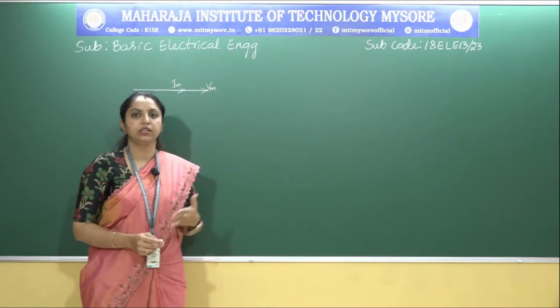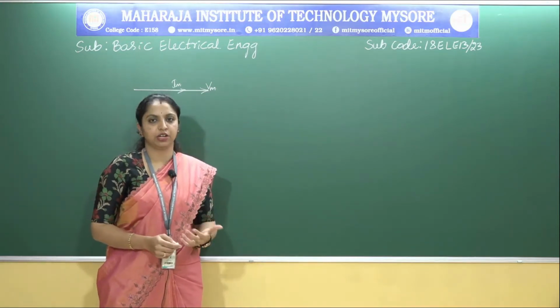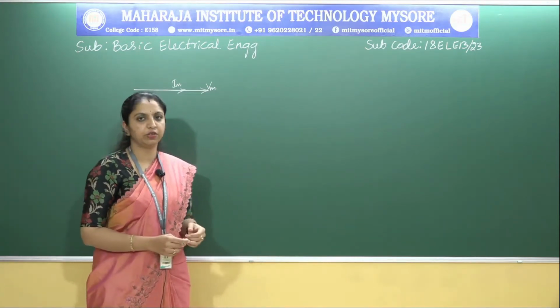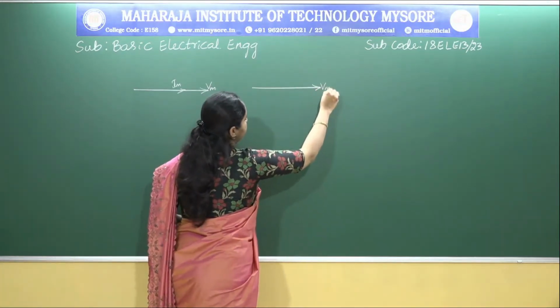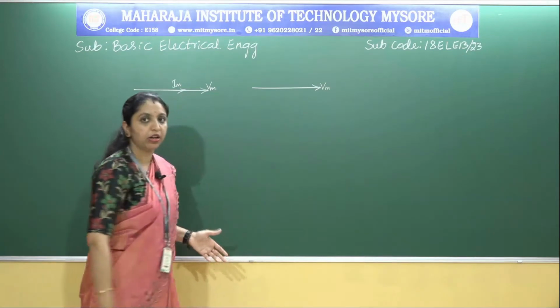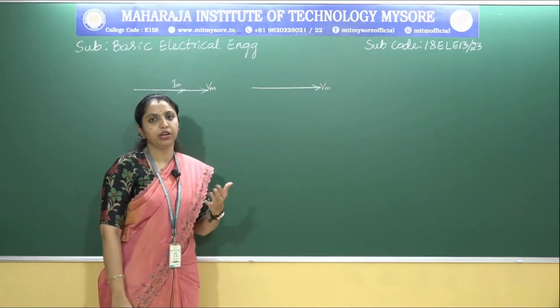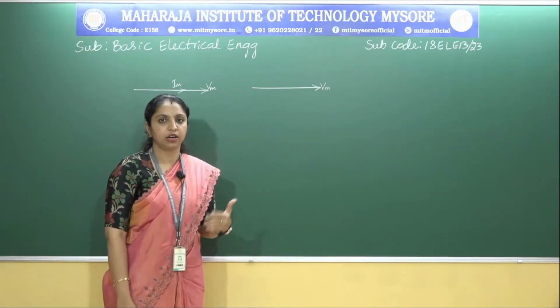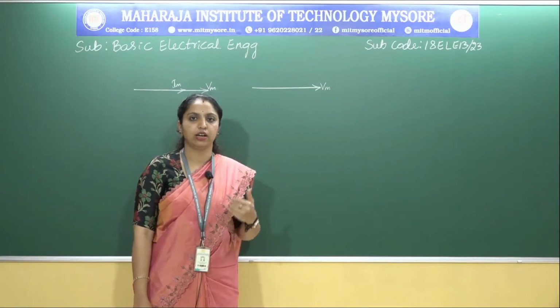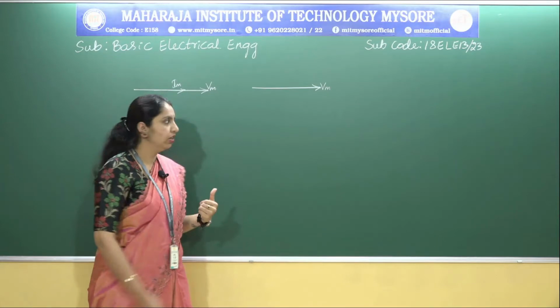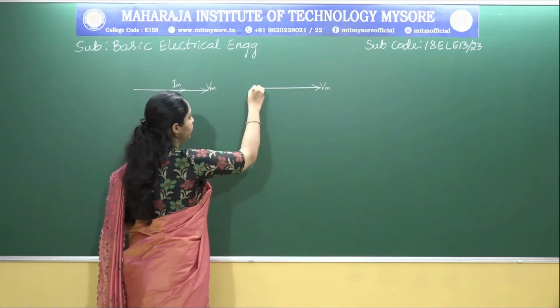And in AC through a pure inductive circuit, we have taken Vm as the reference, and remember, in a pure inductive circuit current lags voltage by 90 degrees. So where do we get the current?